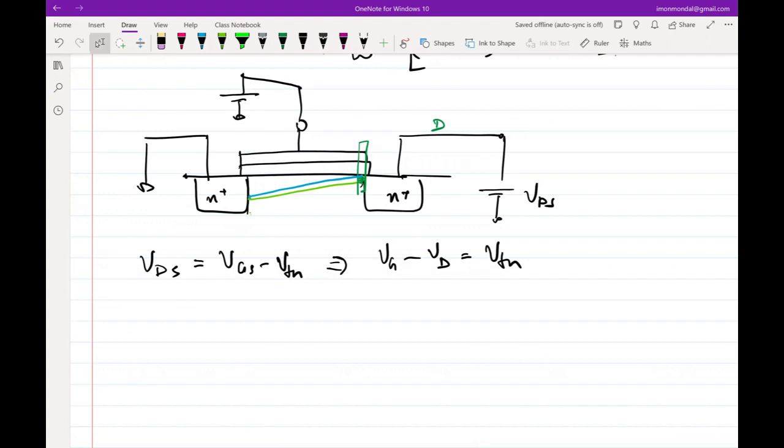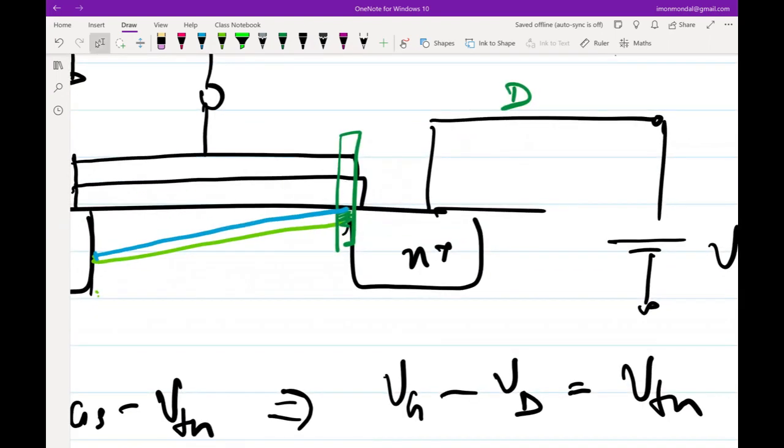Do you agree with the fact that when VG minus VD equals VTH, there cannot be any channel charge in that small sliver? Yes. If there is no channel charge, we call that a condition where it's pinched off. It's pinched off because you can think of this like an analogy, even though it's not fully accurate: water flowing through a pipe.